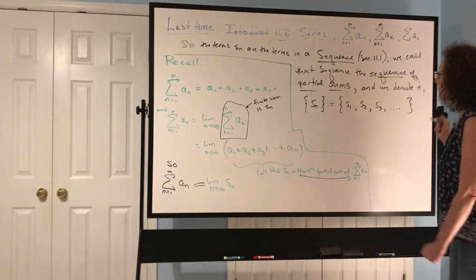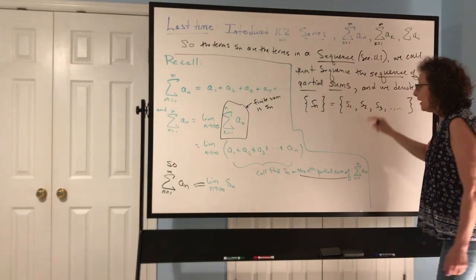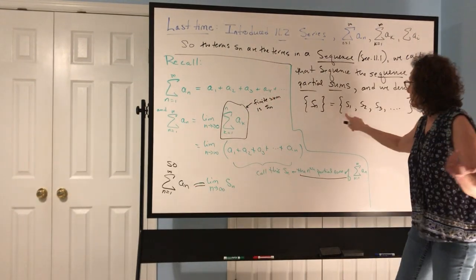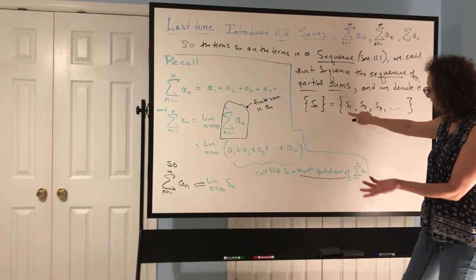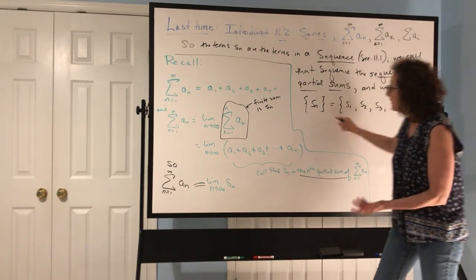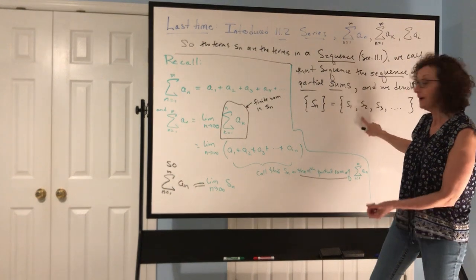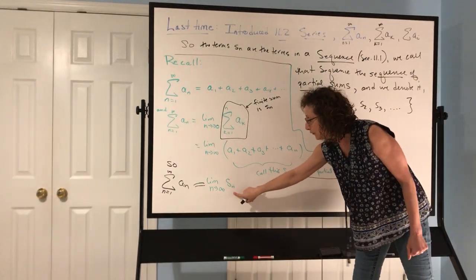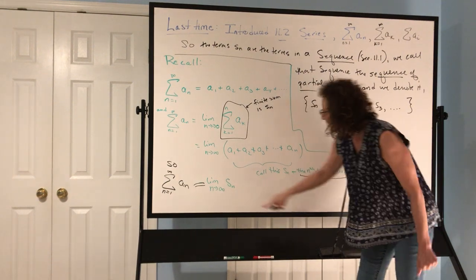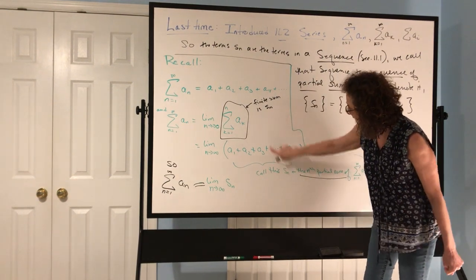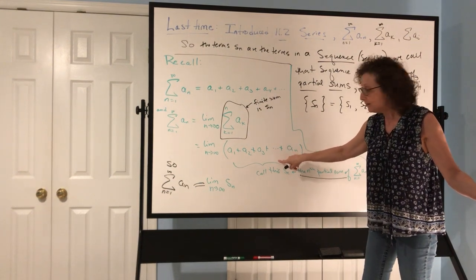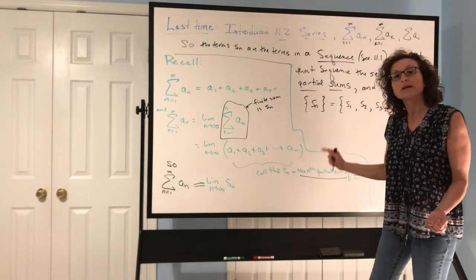Okay. And so in order to determine this sum, if we have some terms in a sequence, we have to come up with the nth term, the pattern, so that we have some nice easy formula to take a limit of. Because while this is a formula for Sn, right here and right here, it's not something you can easily take a limit of. It's not a closed form expression.